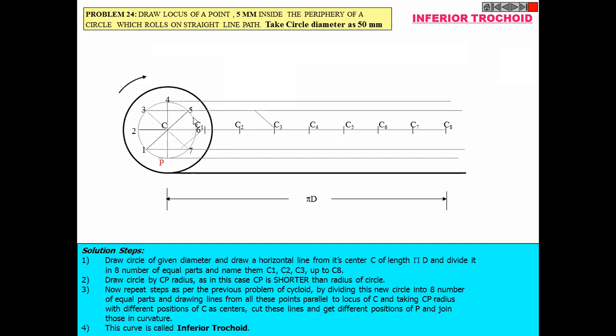Then C3 will fall on 3, C4 on 4, C5 on 5, C6 we will arc on 6, C7 on 7, C8 on 8. So again we will mark those points, like this. Name them. That is the required property.